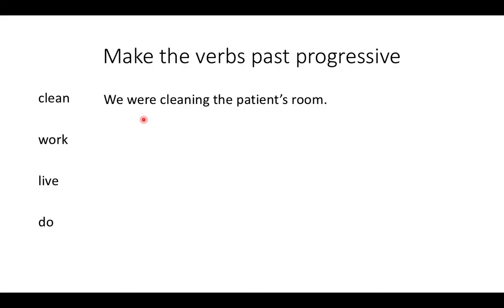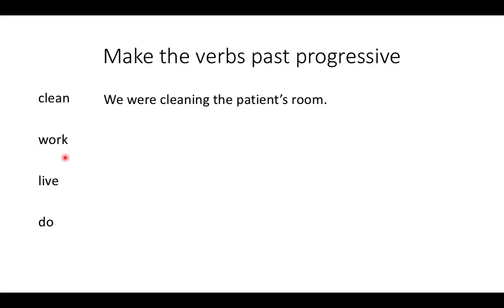All we had to do was change clean to cleaning, and add the were, to make it past, because cleaning, this verb by itself, would be present. We need this to tell the listener or whoever is reading that it's past.